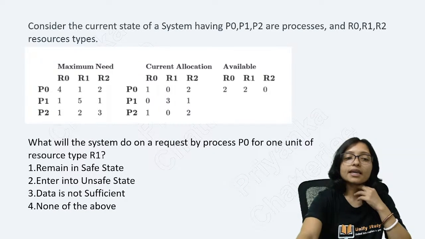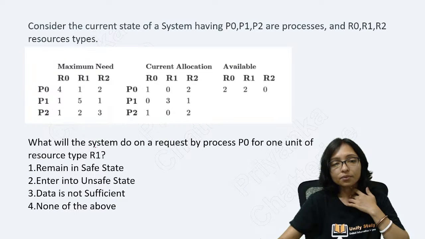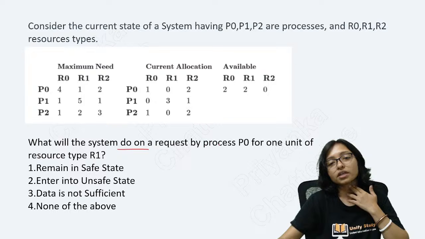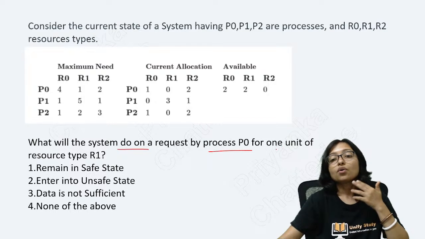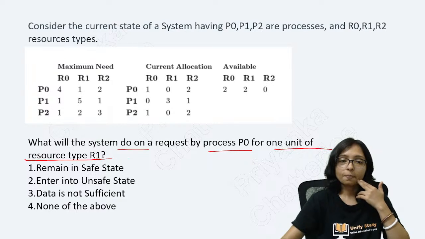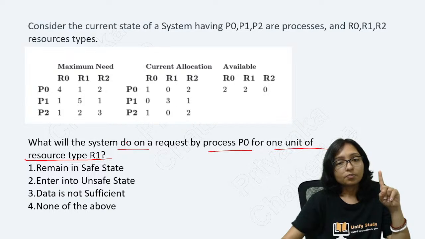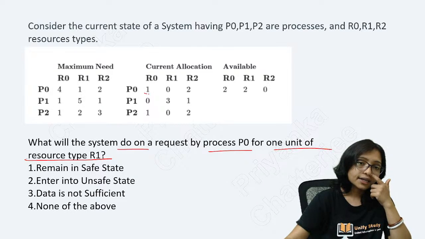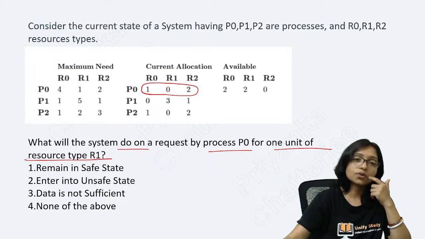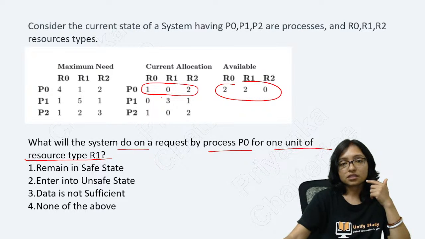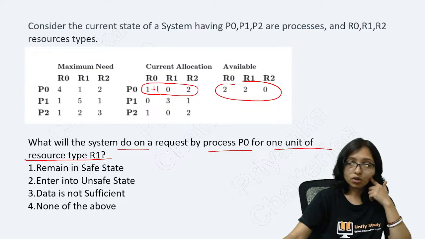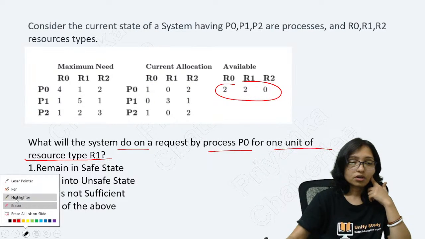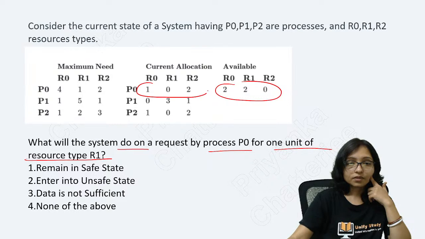Now you can see what the system will do on the request by P0 for 1 unit more of R1. P0 is taking 1 unit more. Till now it was allocated for P0 and availability was this. So I will add 1 unit more for R1, not R0, for P0.